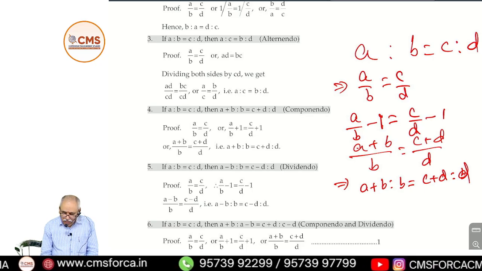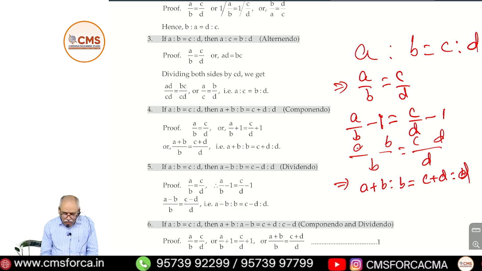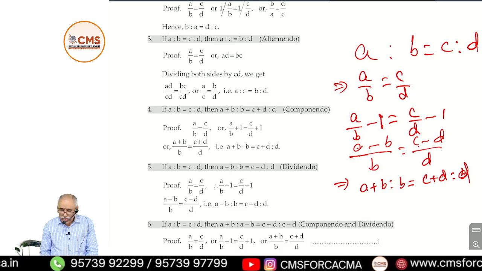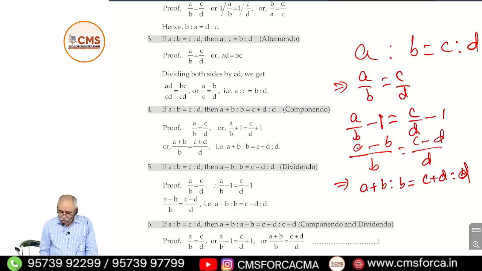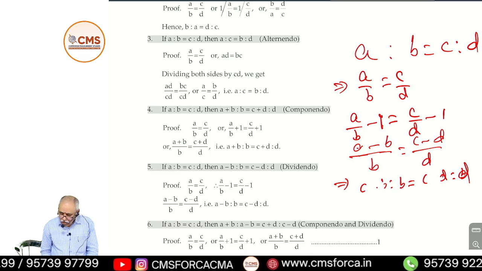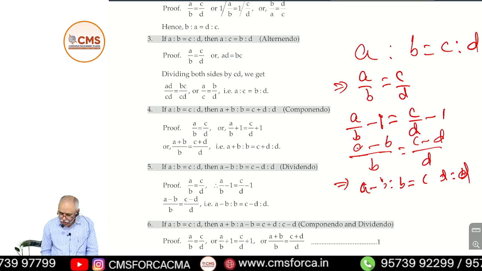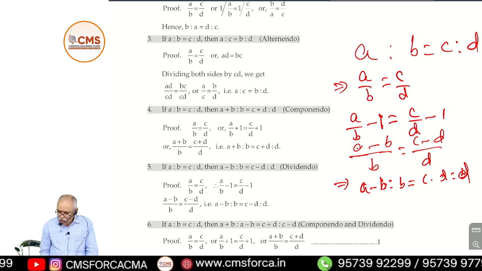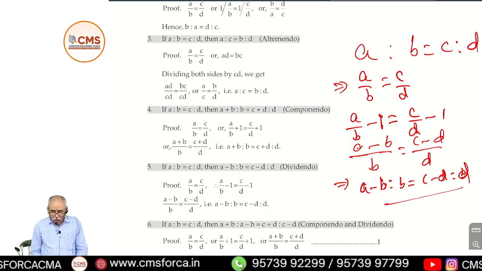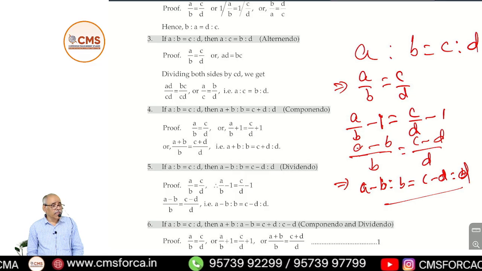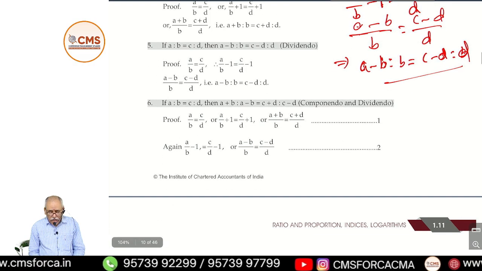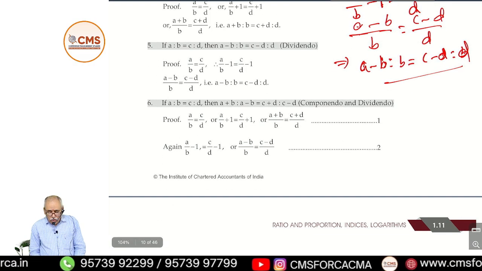So then this will become A minus B by B equal to C minus D by D. So the first one is A minus B is to B equal to C minus D is to D. Okay? This is called dividendo.